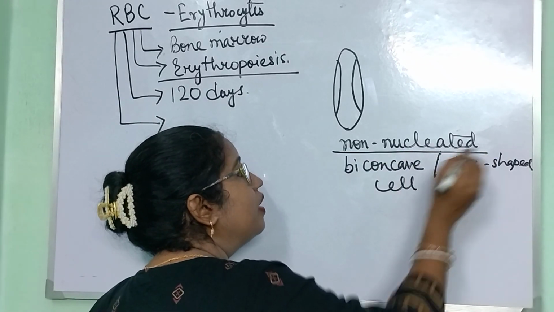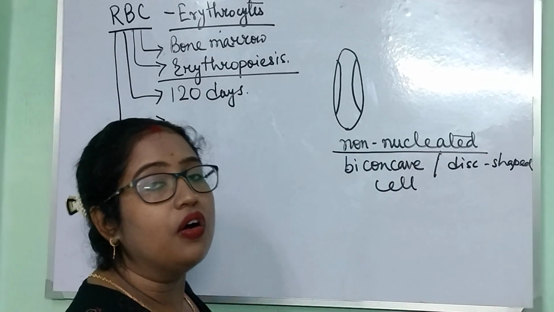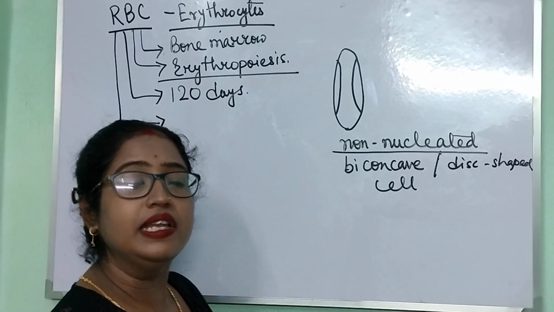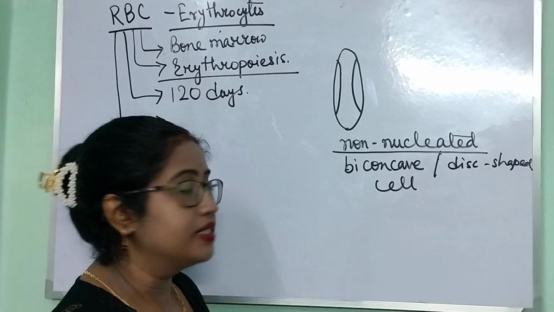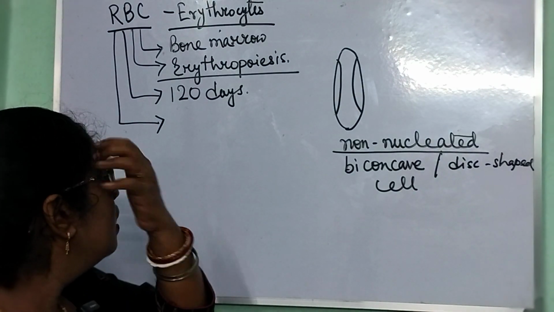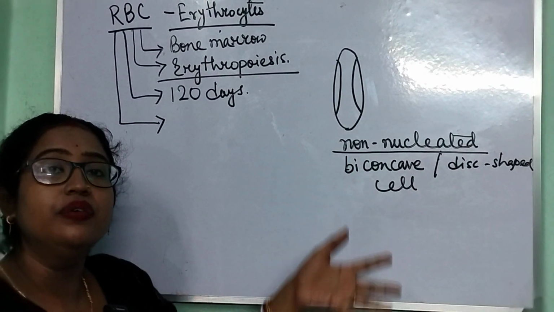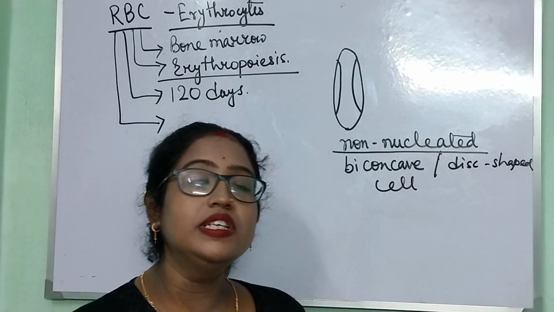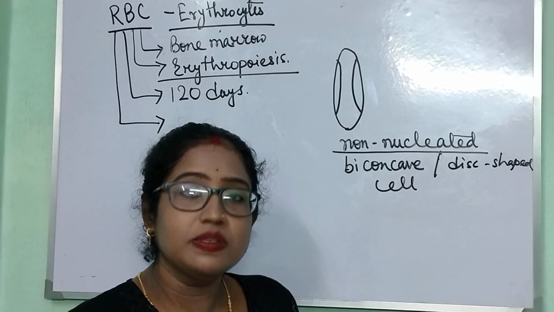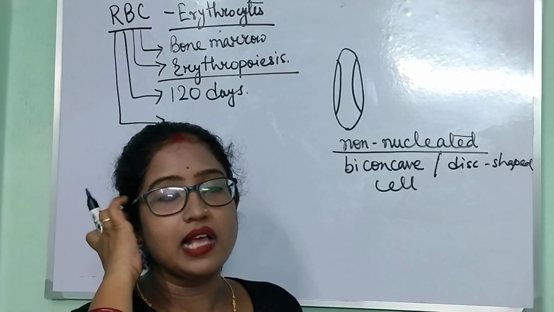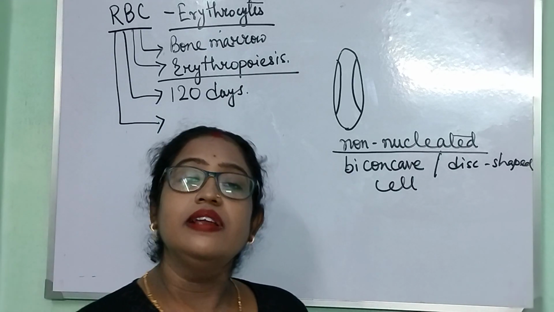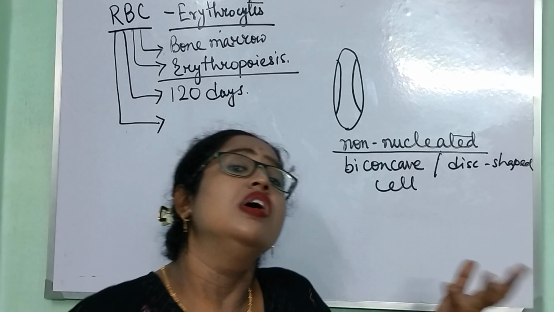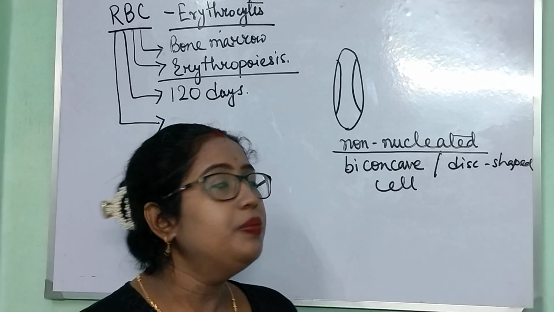The RBC of human beings is non-nucleated because it doesn't have any nucleus in its content. Why is it non-nucleated? Because it has to transport the respiratory pigment or respiratory medium, that is it has to carry the oxygen and carbon dioxide from lungs to each and every cell of our body.